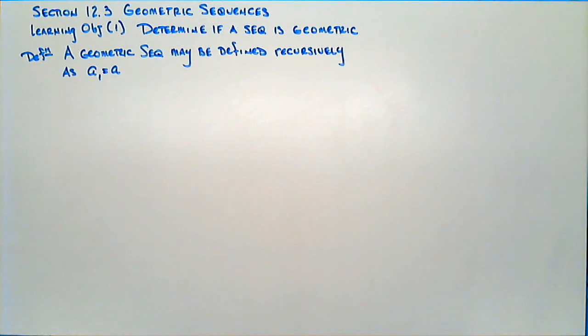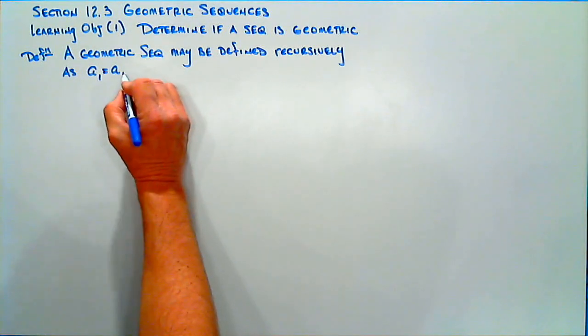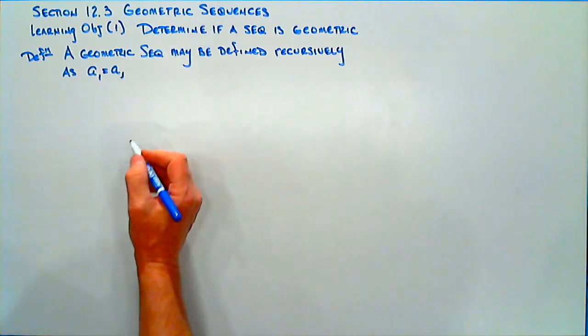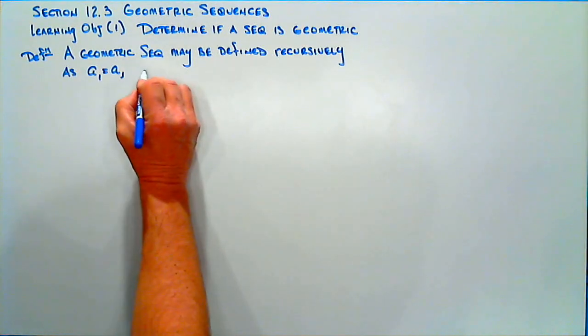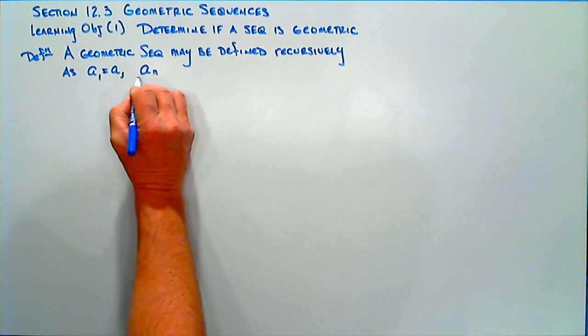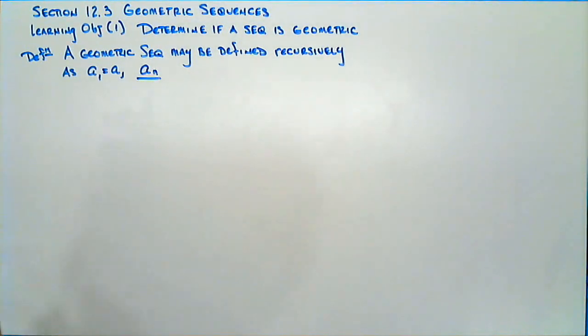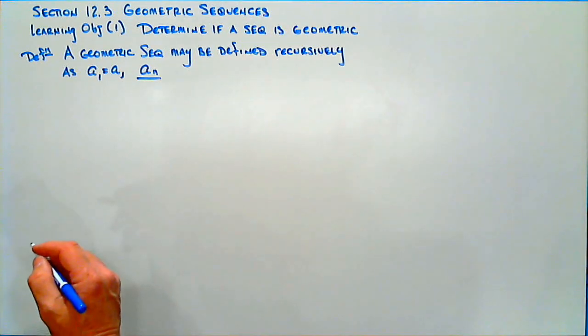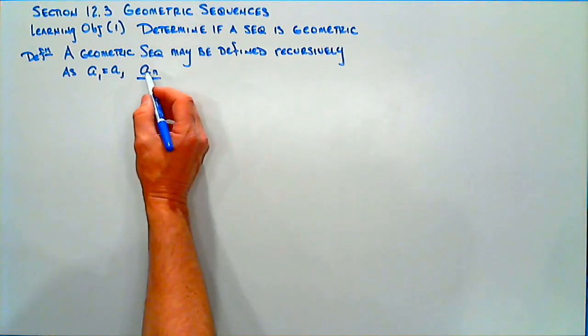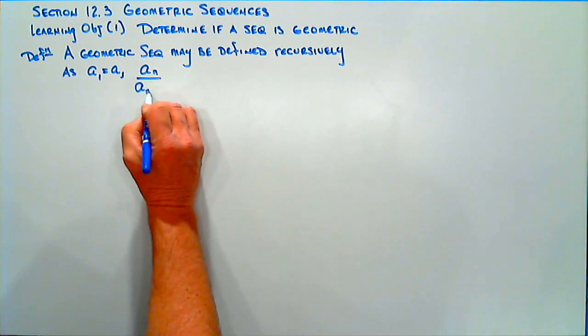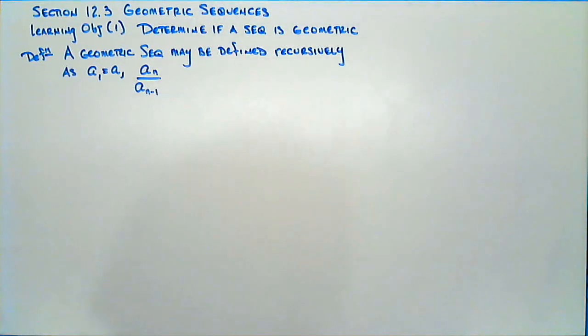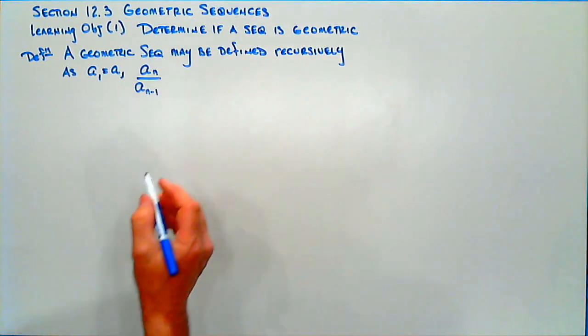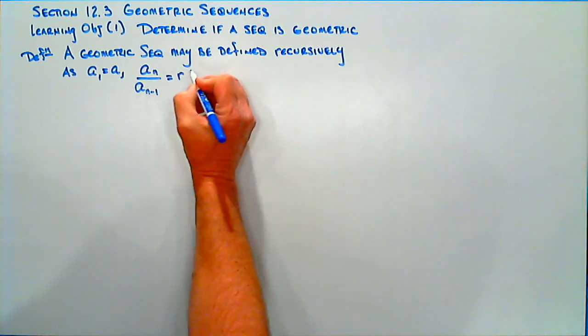We say the first term is A. That's our starting term. And then we say, if we take the ratio, not the difference. Last time we were doing a difference. Arithmetic was a difference. Here we're taking a ratio. If we take the ratio of the nth term to the term that comes immediately before it, we should get R.